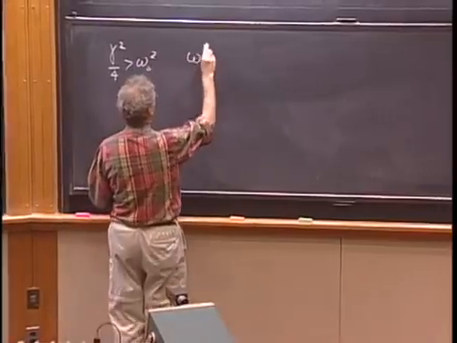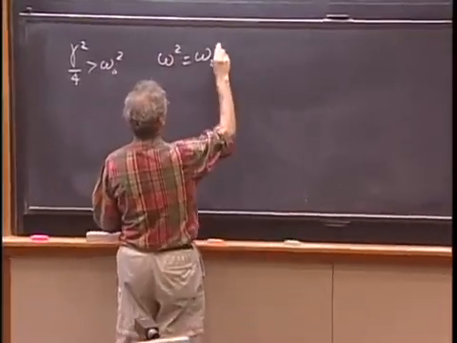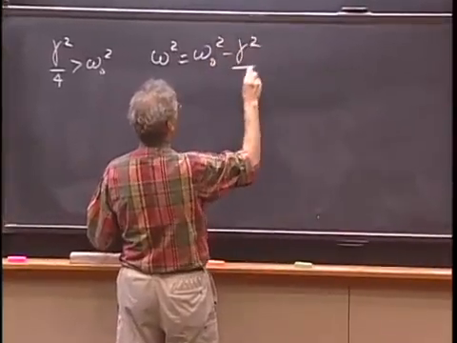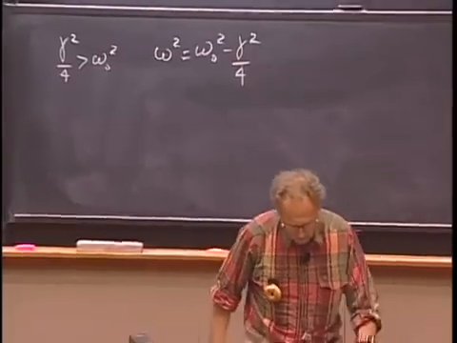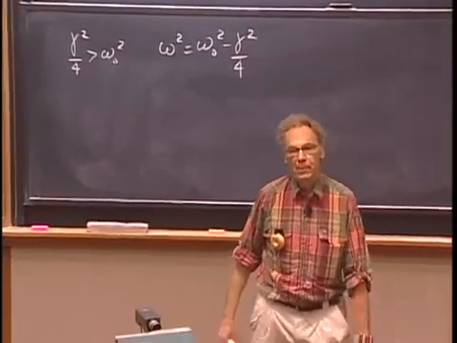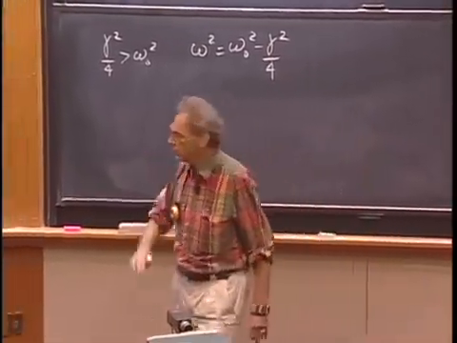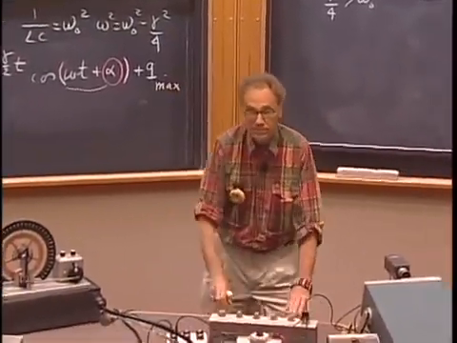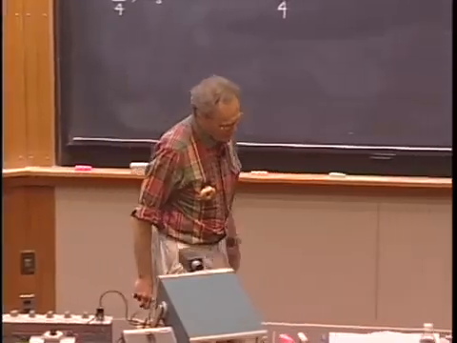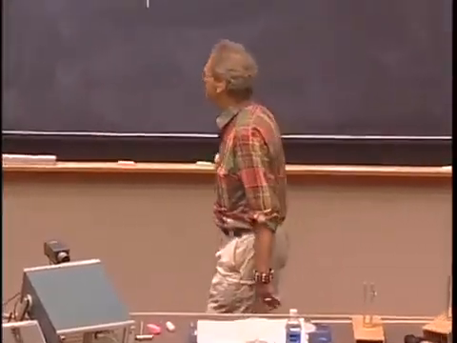So our solution, omega squared equals omega 0 squared minus gamma squared over 4, is utter nonsense, because omega would then be imaginary. So now we have to go back to our original differential equation and find a new solution. We are closer to a solution than you may think.